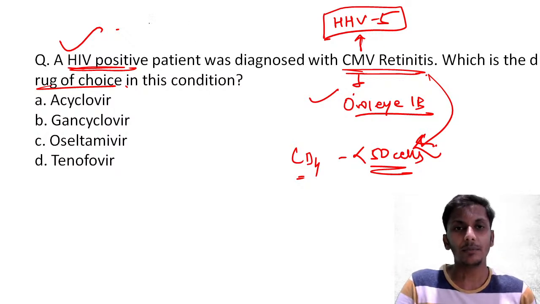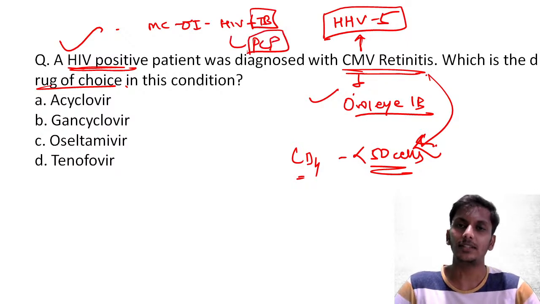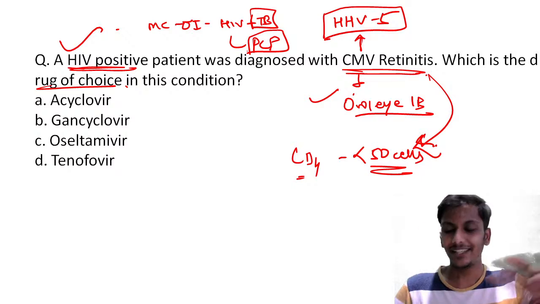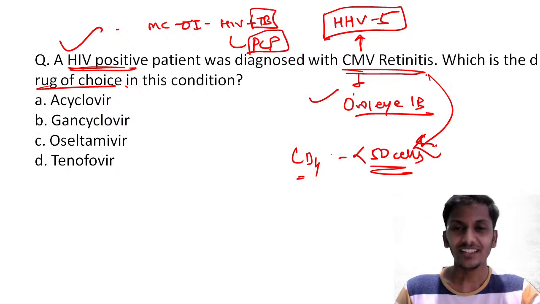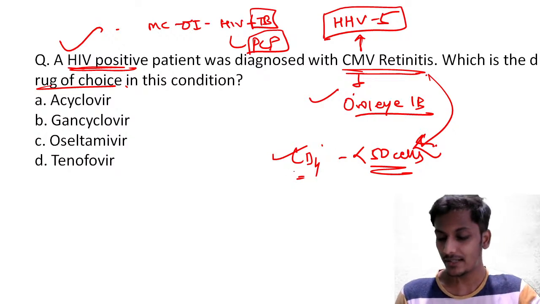Please remember, the most common opportunistic infection in HIV is usually TB if we talk about India, and if we talk about the world, it is Pneumocystis jirovecii pneumonia. Leave that, we'll discuss it in some other topic. Just remember this, that CMV retinitis is the most common opportunistic infection in HIV positive individuals when the CD4 count is less than 50 cells.